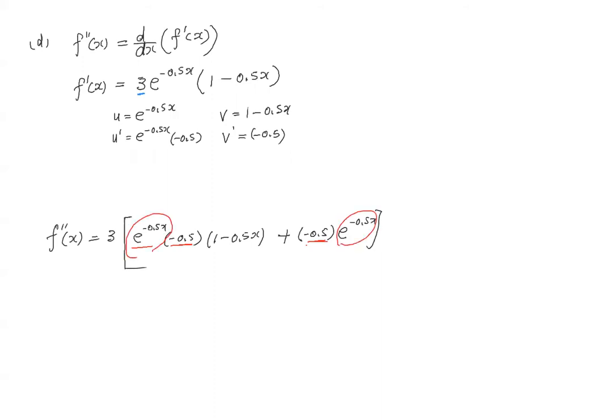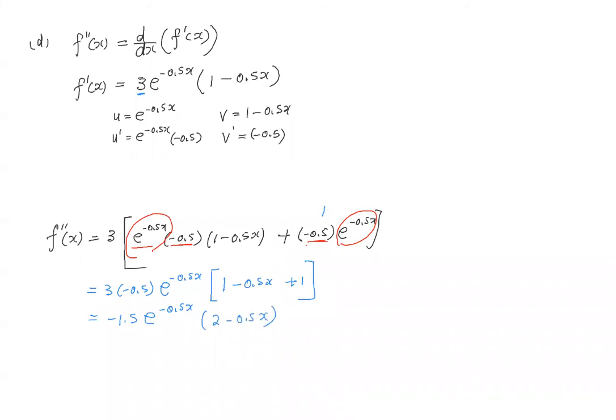Okay, so I'm going to write it down. 3 negative 0.5 e to the power of negative 0.5x, open bracket, 1 minus 0.5x. This whole thing factorized out, so left with 1, so you put a plus 1, right? So you got negative 1.5 e to the power of negative 0.5x, 2 minus 0.5x.